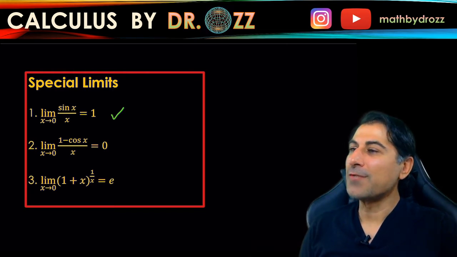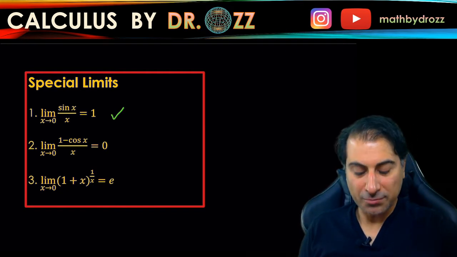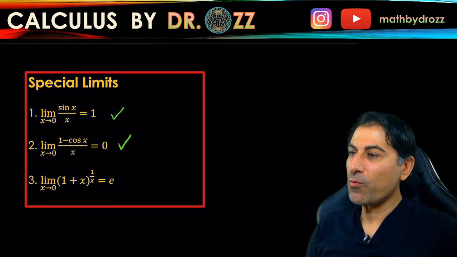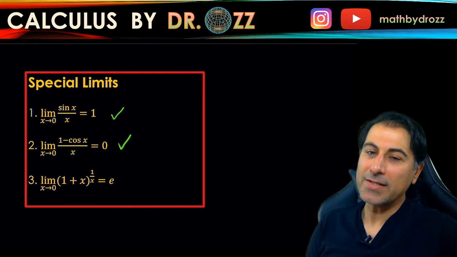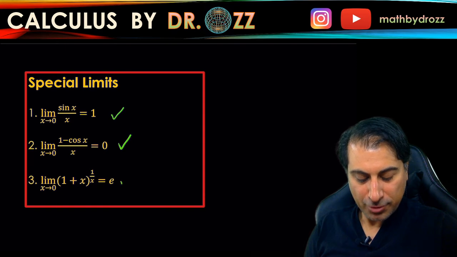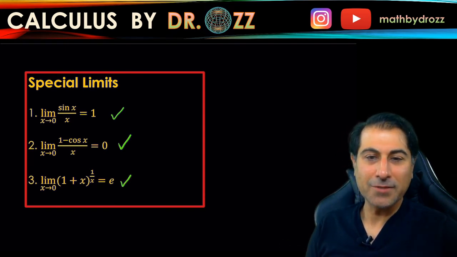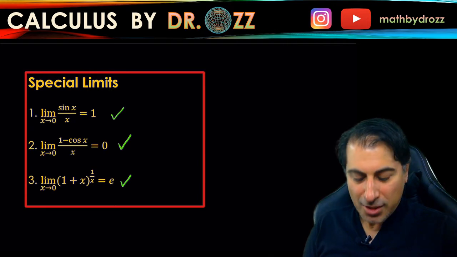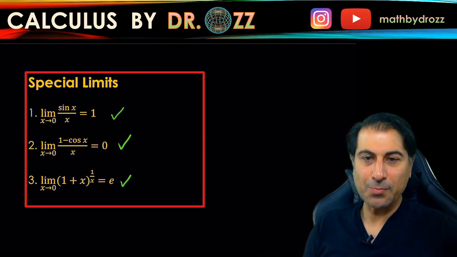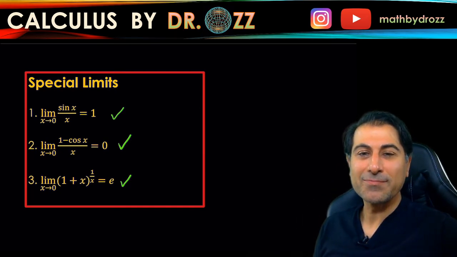And we have the limit of 1 minus cosine x over x as x approaches 0 to be 0. And finally, we have (1 plus x) to the power of 1 over x as x approaches 0, providing you the limit value to be the special number e, and you can take this as the definition of the number e. So let's see how those special limits are relevant to the given limits in the exercise.